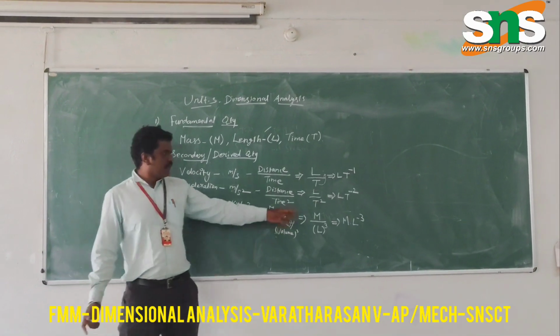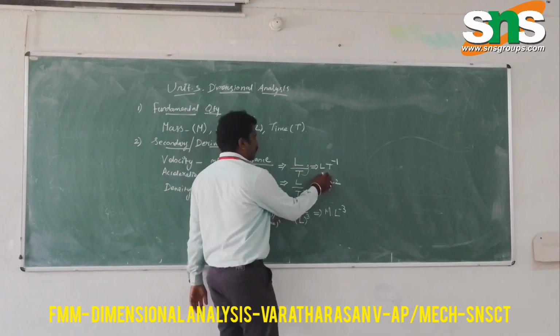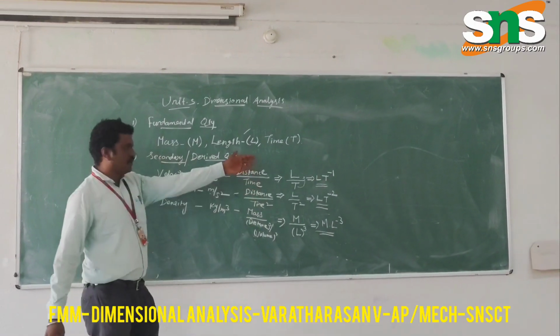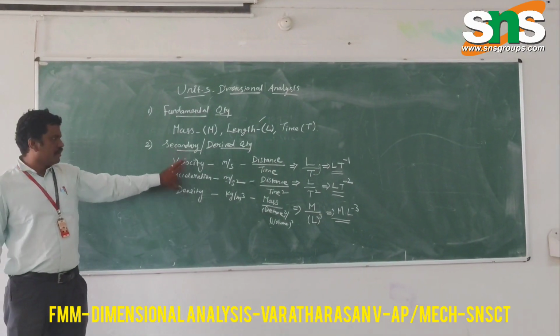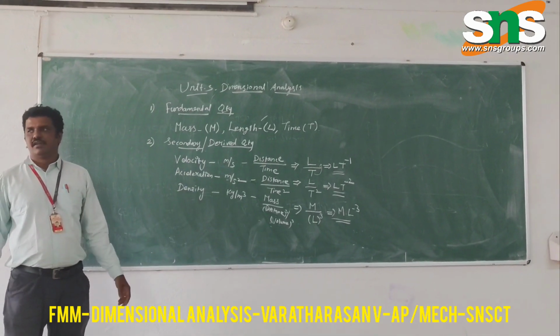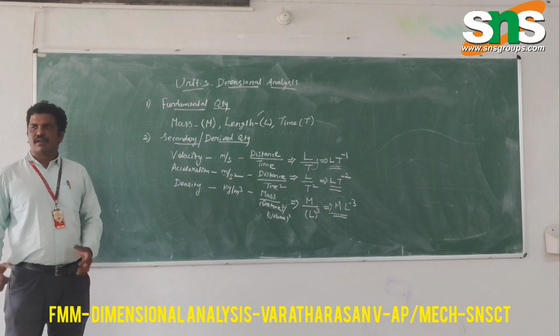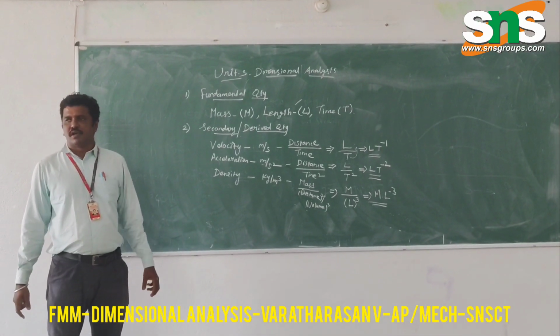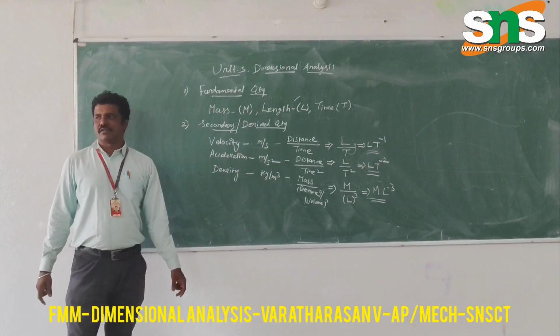Time. So that's why we can relate. This is a very important part. By using these dimensional quantities for these secondary variables like velocity, acceleration, density, these are the variables we are using in the problems. Whenever we are going to solve the problem, at that time it will be very important.